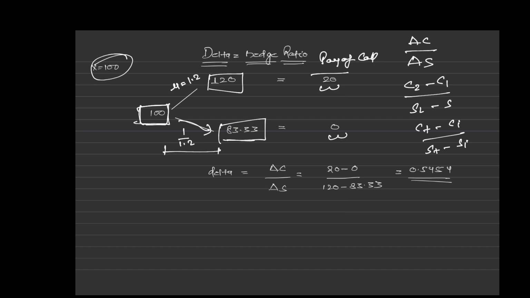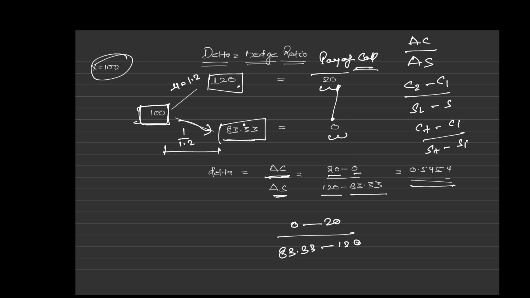You have to calculate the delta. This is the payoff of the call. When the stock price is moving from 83.33 to 120, the payoff of call is moving from 0 to 20. Can you calculate the delta? Yes. Delta is change in call upon change in stock. What is the change? 20 minus 0 upon 120 minus 83.33.